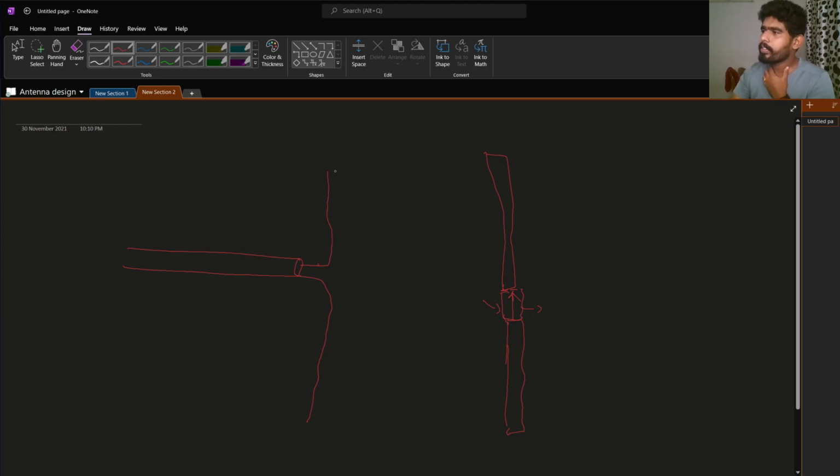So in the actual case, this is a balanced structure, and the coaxial cable is most of the time unbalanced. So what happens is that current starts to flow, and some current will always flow through the shield of the coaxial cable also.